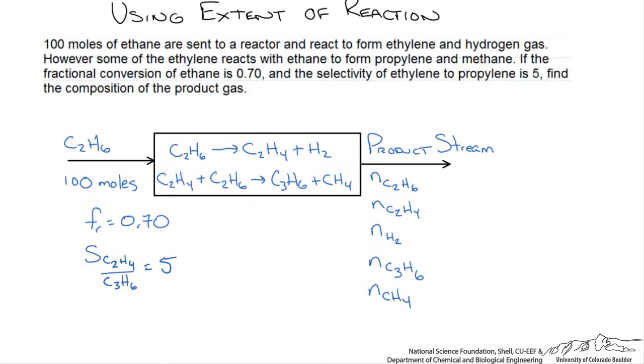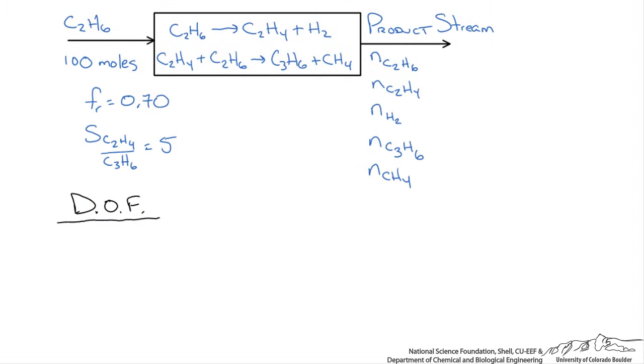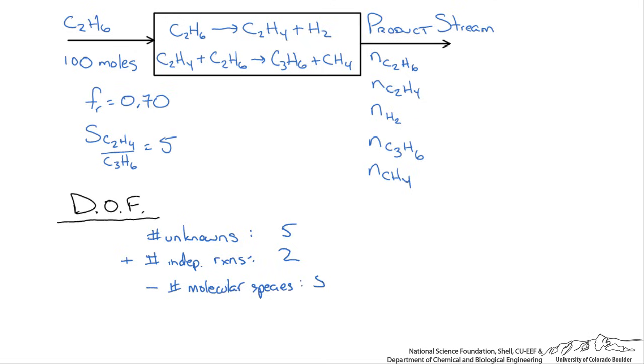So the next logical step is to do a degree of freedom analysis to make sure that we're not missing anything. So for our degree of freedom analysis, we start with our unknowns, which we have 5 of. We add the amount of independent reactions. We have 2 reactions. We subtract out the number of molecular species, and you can see from our 2 reactions we have 5 species.